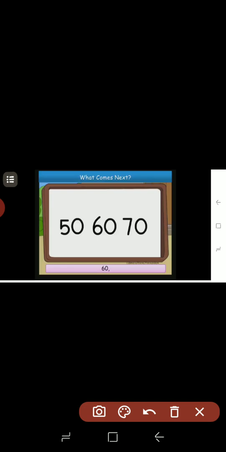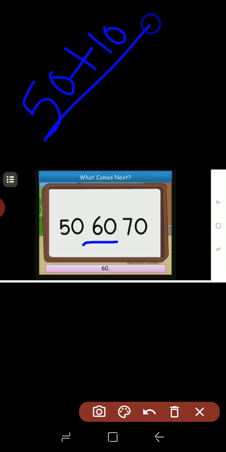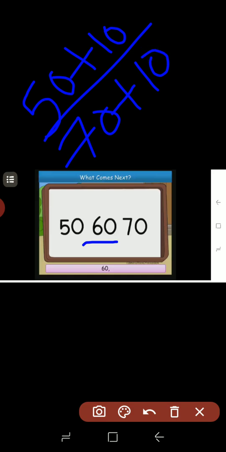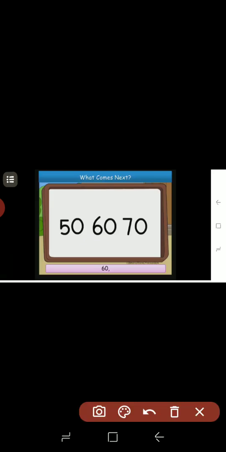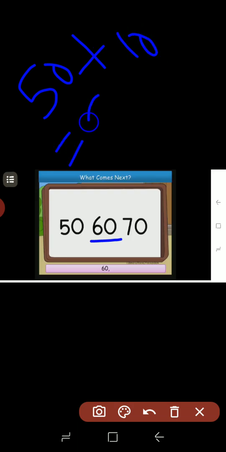So how is it possible? You have to just add 10. 50 plus 10 becomes 60. Then 70 plus 10 becomes 80. Okay. Then again 50 plus 10 becomes 60.